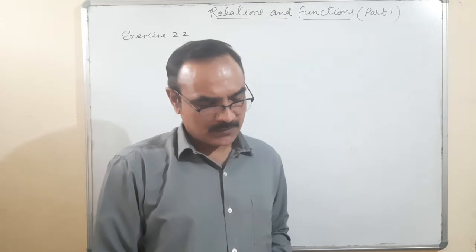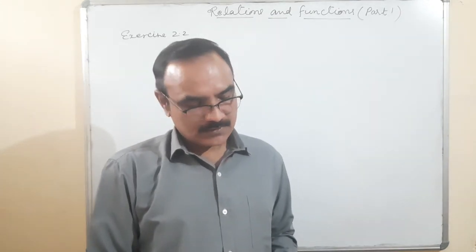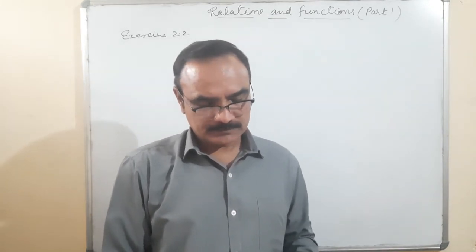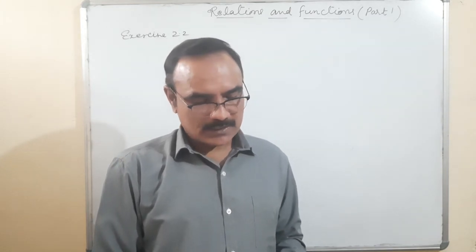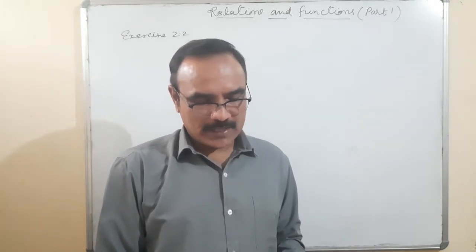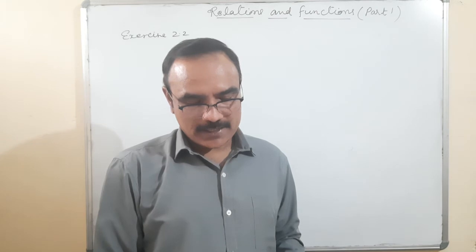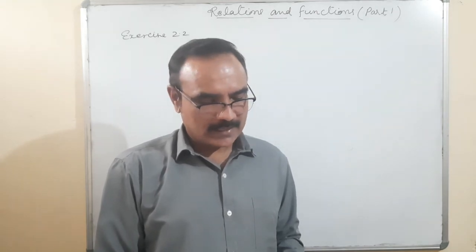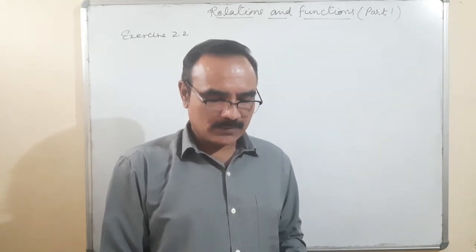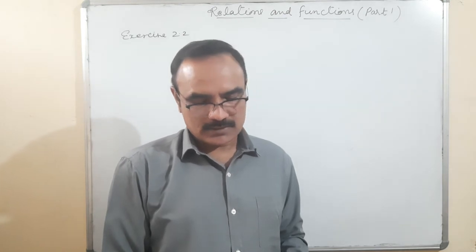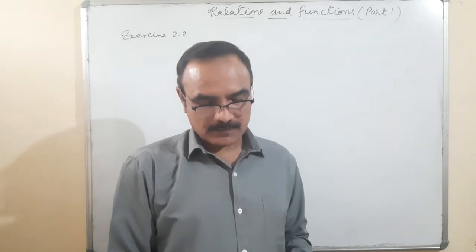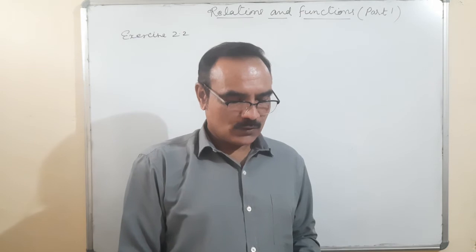This can be done by you, the relation using the roster form. Question number 3: A is equal to {1, 2, 3, 5}, B is {4, 6, 9}. Define a relation R from A to B by R = {(x, y) such that the difference between x and y is odd}. Write R in roster form.